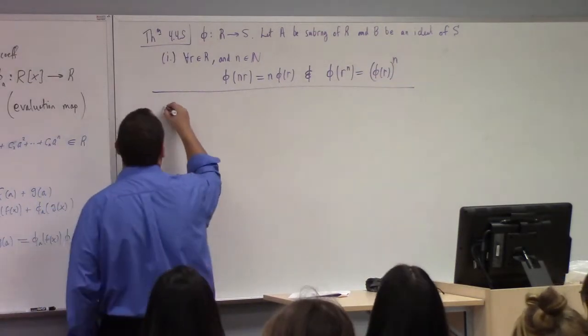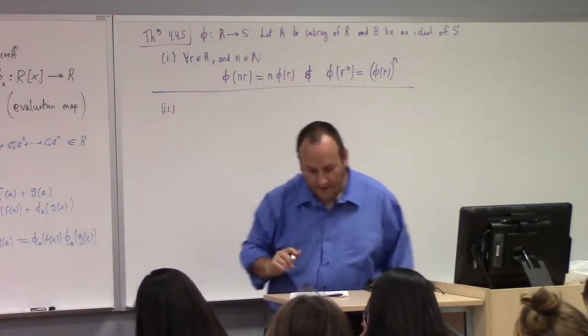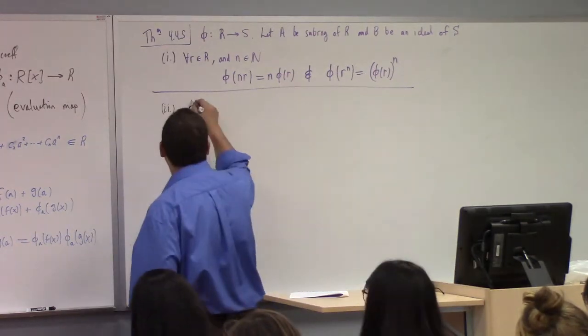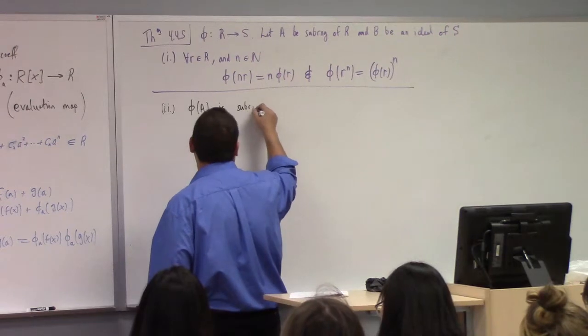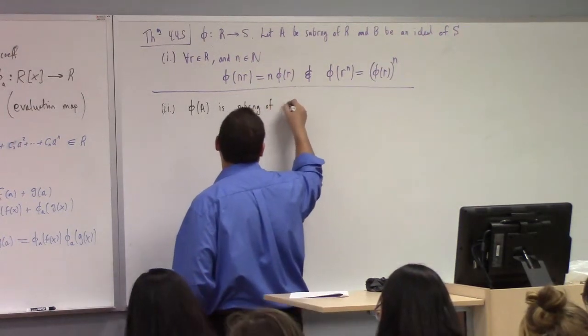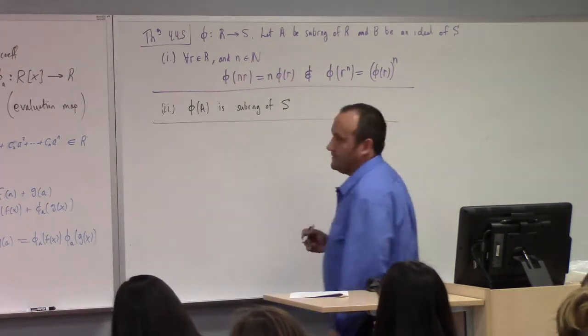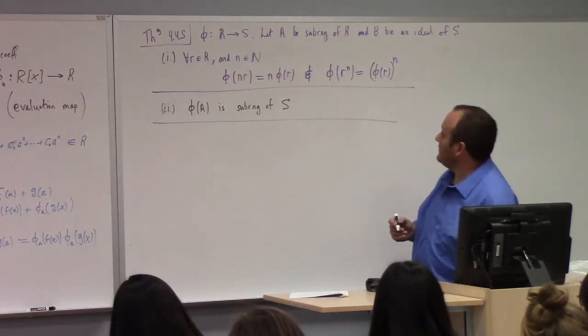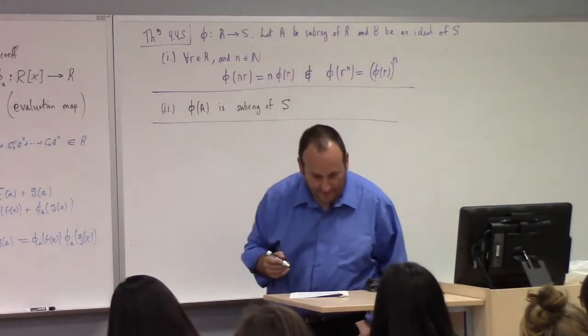Point number 2, we have that phi of A is a sub-rng of S. All right, so the image of a sub-rng is a sub-rng. Let's see, what else do we know?